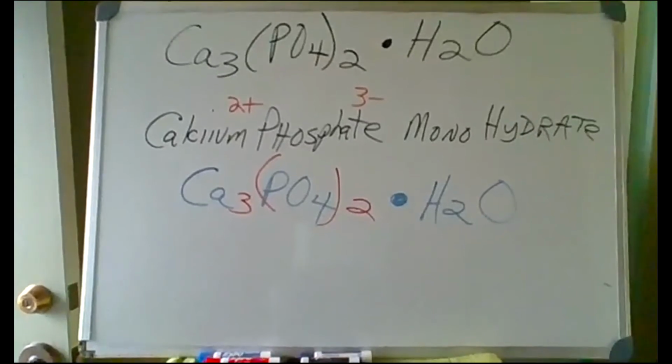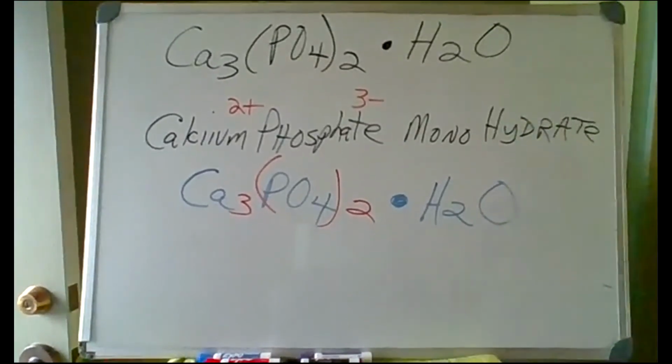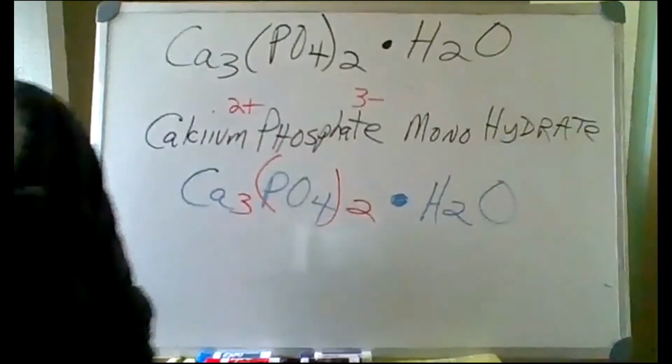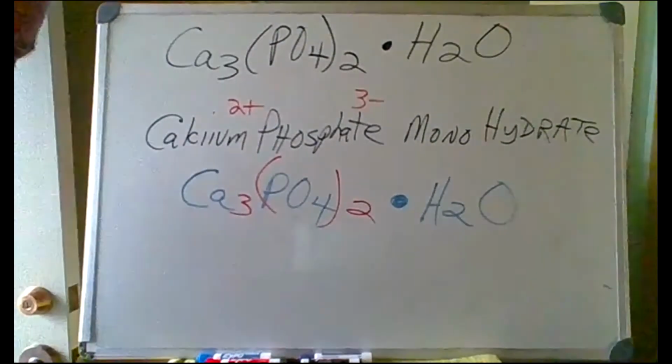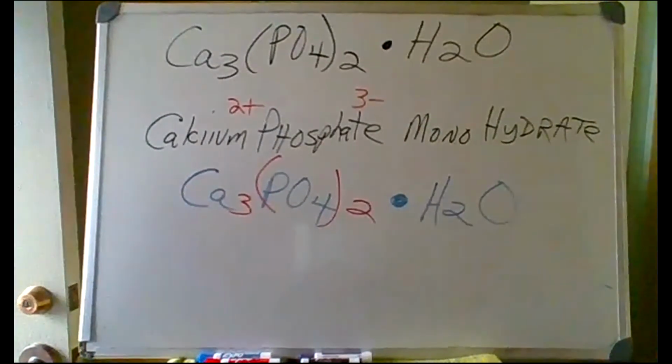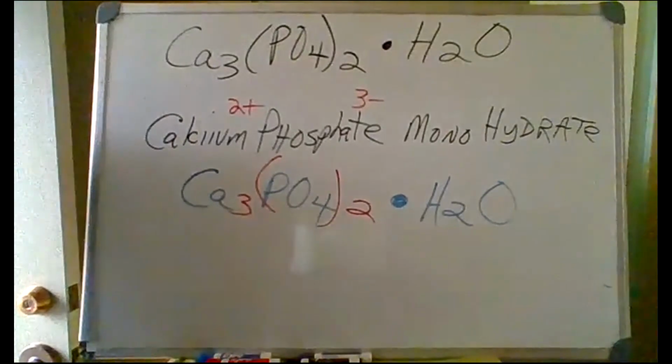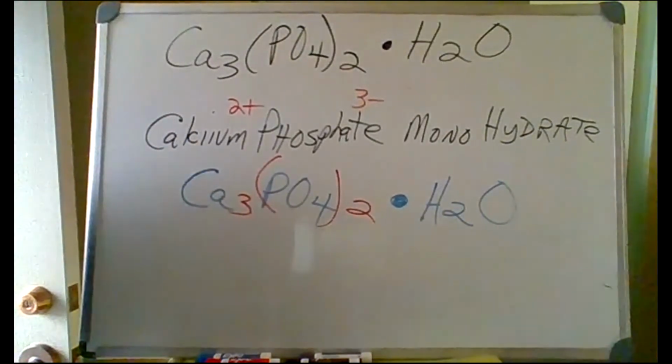If you look at your polyatomic ion list, you'll see there's PO4 and PO3. You'll see there's SO4 and SO3. You'll see there's NO3 and NO2. They're just two different polyatomic ions, that's all.